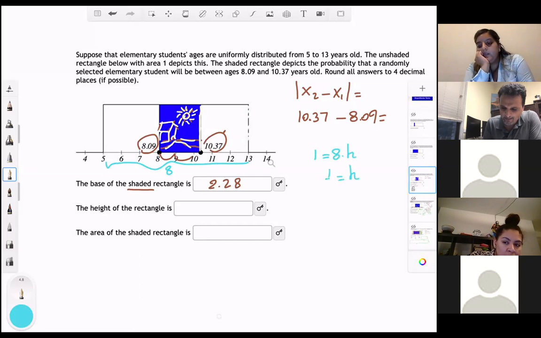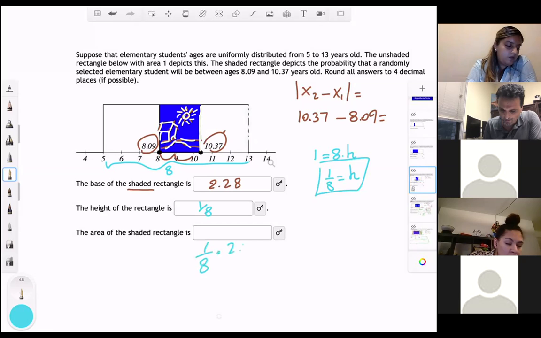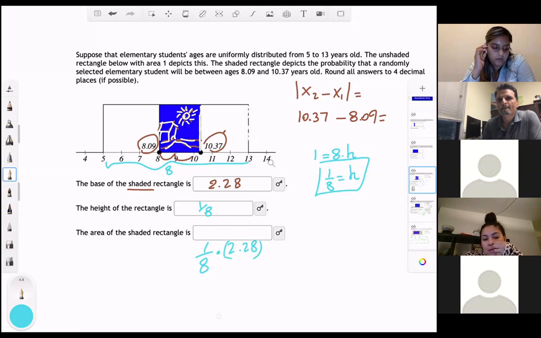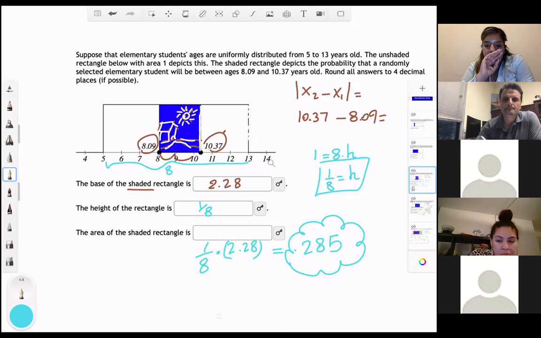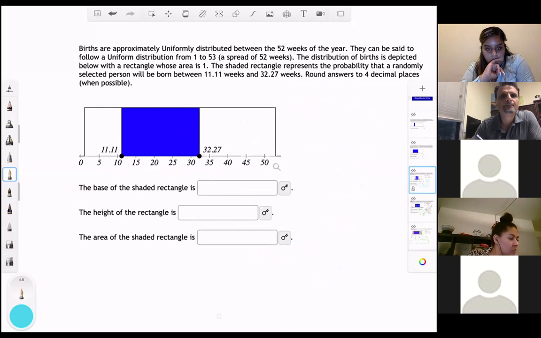H equal to 1/8. Very good, 1/8. The area of the shaded region: 1/8 multiplied by 2.28. So definitely you need to use a calculator. What do we get? 0.285. Now you guys solve this one for me.